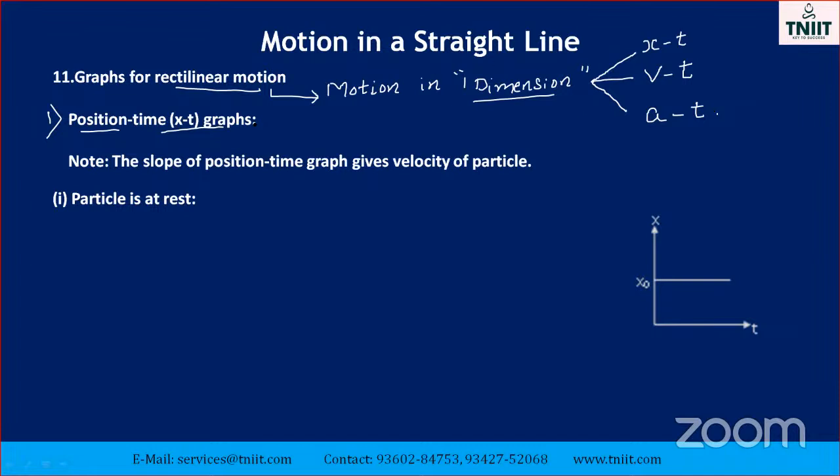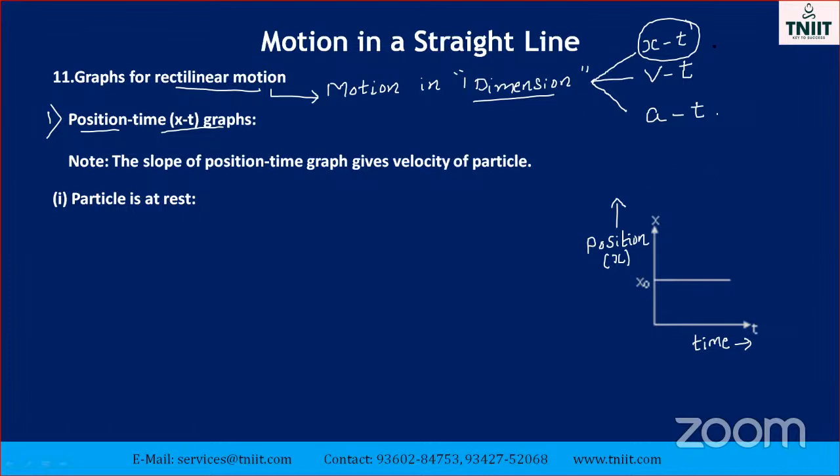Then what is the position-time graph? The x-t graph is the one where we plot the position along the y-axis and the time along the x-axis.